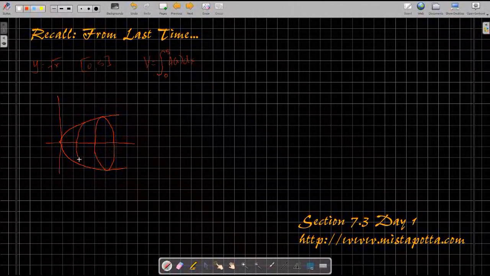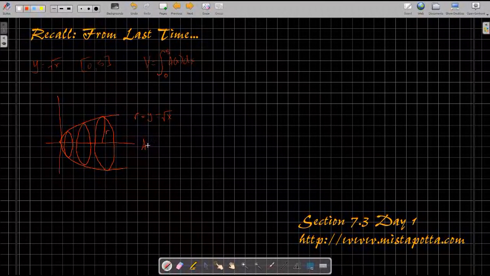Circles that are perpendicular to my axis of rotation, and whose radius is actually determined by the point on the graph. In this case, my r is really y. So for us, that's radical x.